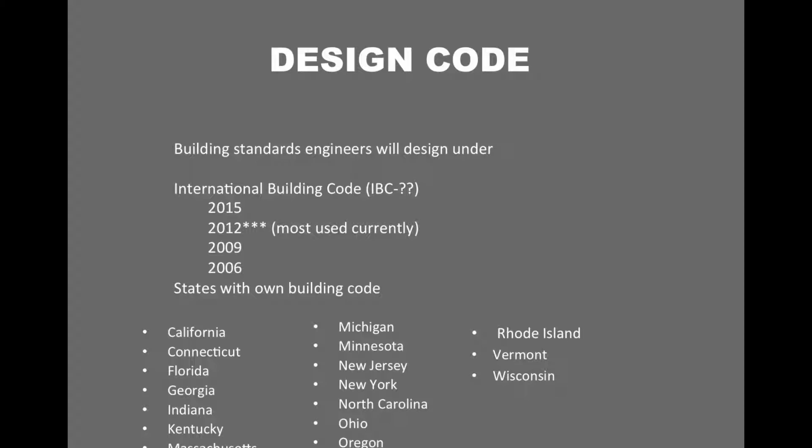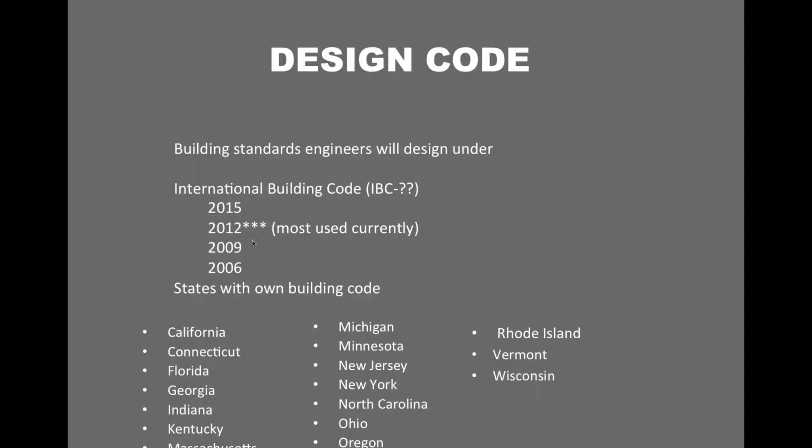So your first big thing is going to be your design code. This dictates how an engineer is going to design your building. He or she is going to pull from this standardized code. In most cases, it will be an International Building Code, whether that be 2015, 2012, 2009, 2006.